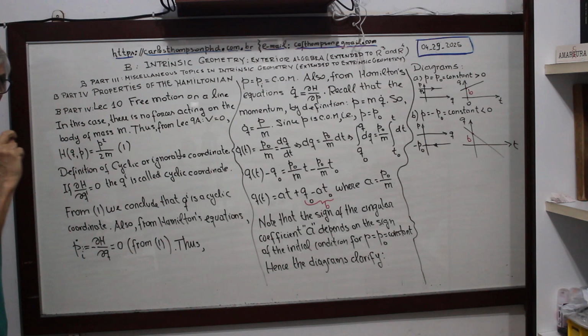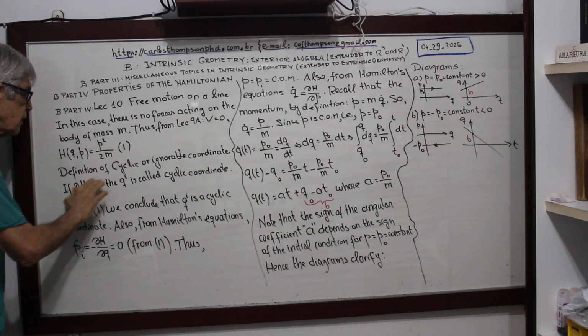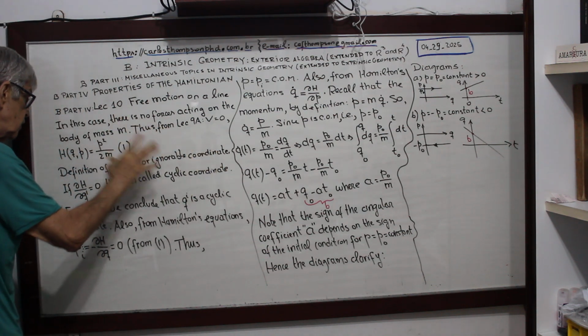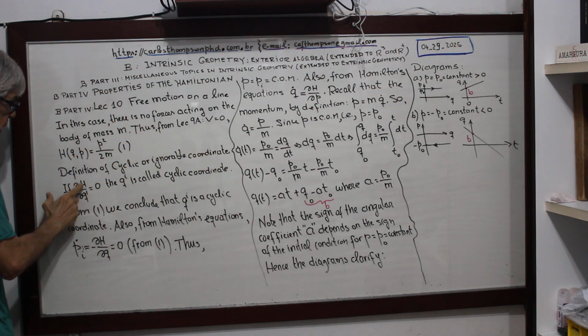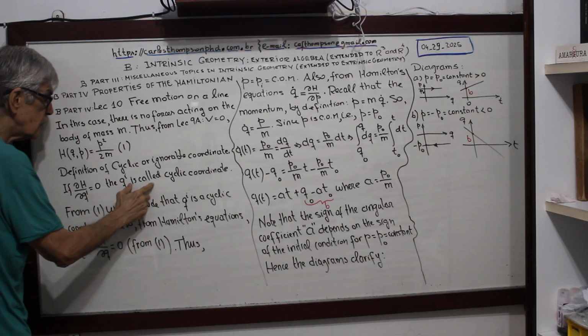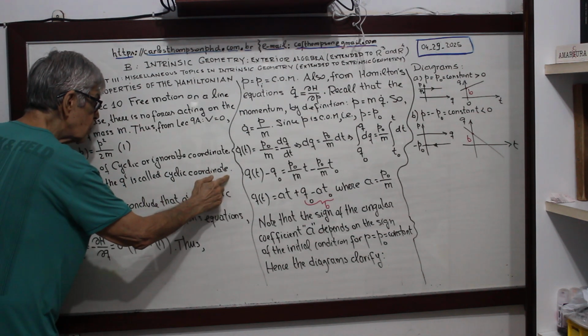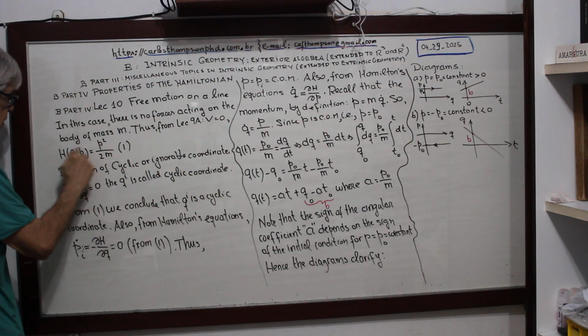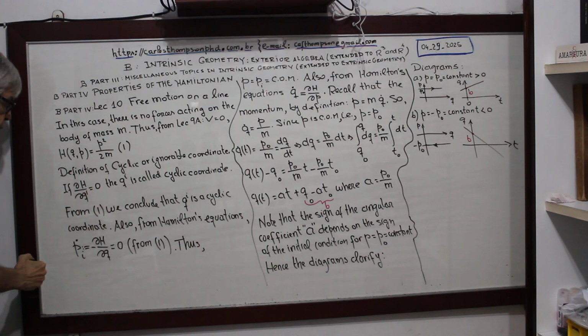Now, an important definition of the cyclic or ignorable coordinate: by definition, if H is not a function of the coordinate, then we can write the partial derivative with respect to q is equal to 0, where q_i is called a cyclic coordinate. You see, exactly what happened in this case 1 over here.